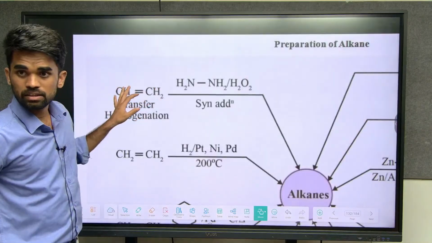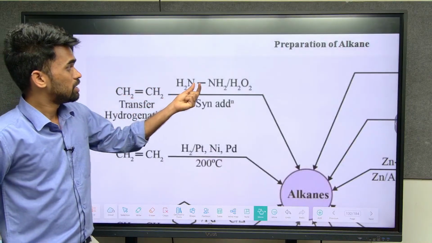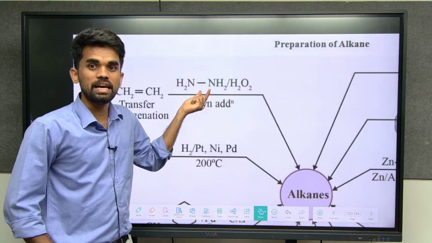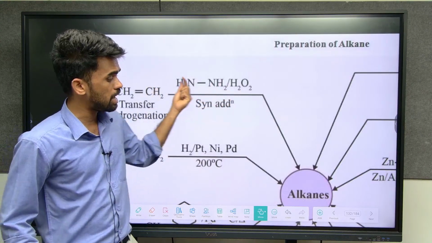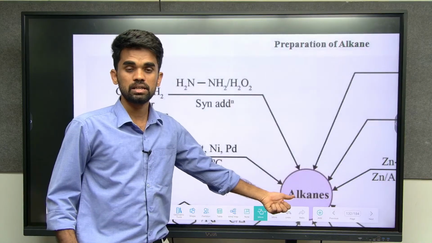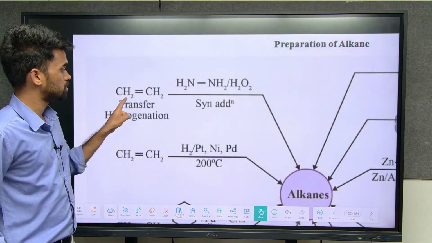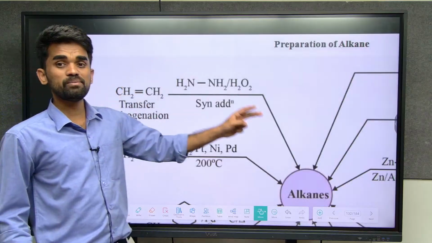Next method is, let us finish from this side. Same alkenes, what I am saying, alkenes in presence of hydrazine, NH2NH2, and H2O2. This also gives you the respective alkane. Like how many carbons are there here? Respective alkane means what is it?